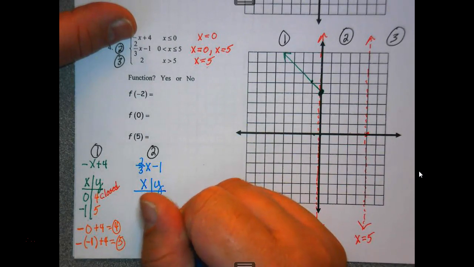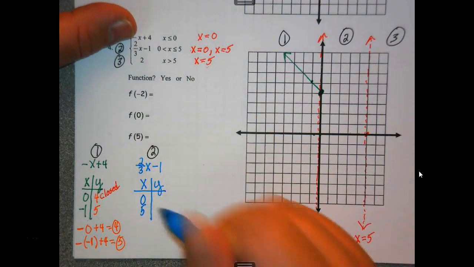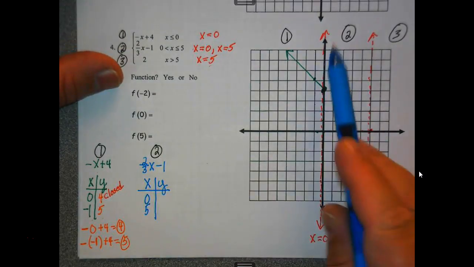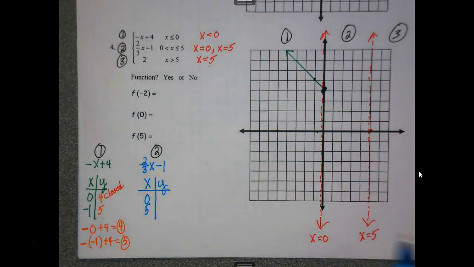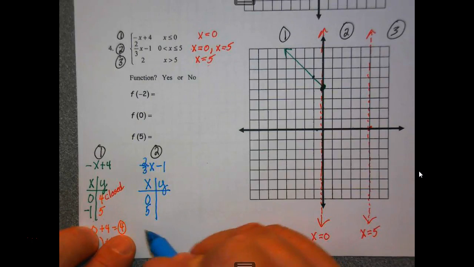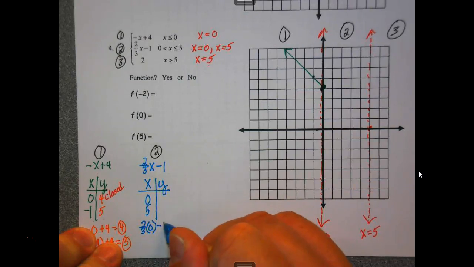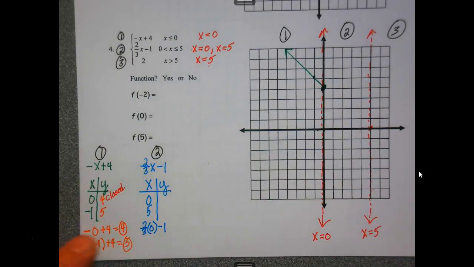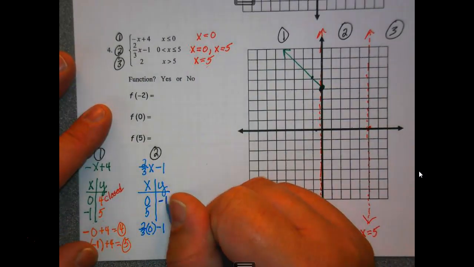I have to use 0 and I have to use 5. Those are the critical points that make these dashed lines and these equations. So I plug in 0 for my x. I have 2/3 times 0 minus 1. That's pretty easy. 2/3 times 0 is 0, minus 1. So my y value is minus 1.